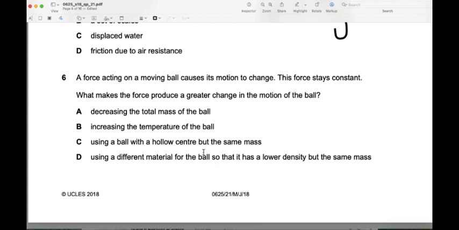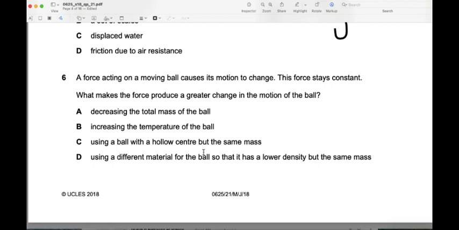Yes, whenever a force acts on a moving object, it will cause the motion to change, either to change direction or to slow it down or to increase it. It depends on what kind of force is acting on it. Now, this force stays constant. What makes the force produce a greater change in the motion of the ball?